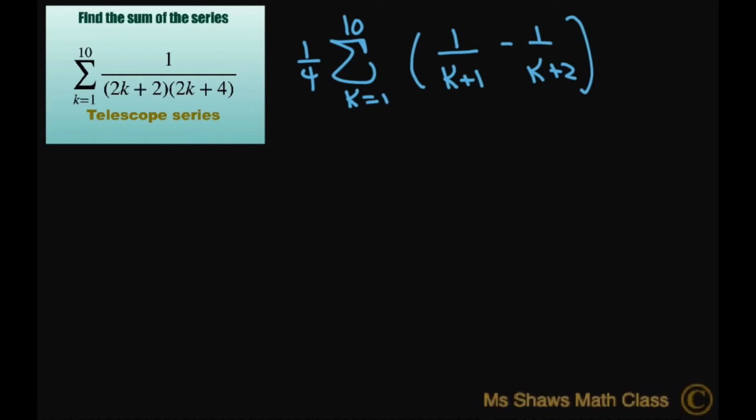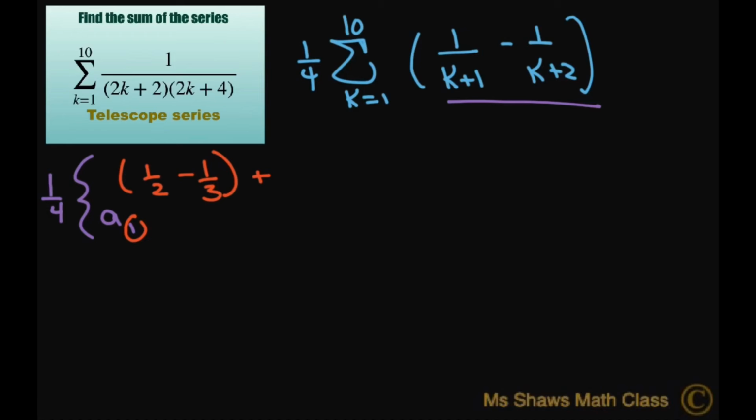Now from here, what we're going to do is go ahead and write out some terms. Let's write out our first term and just keep this 1/4 out for a while. If you plug in 1, you're going to get 1/2 minus 1/3. Then plus, we're doing the sum, for a sub 2, that would be 1/3 minus 1/4.